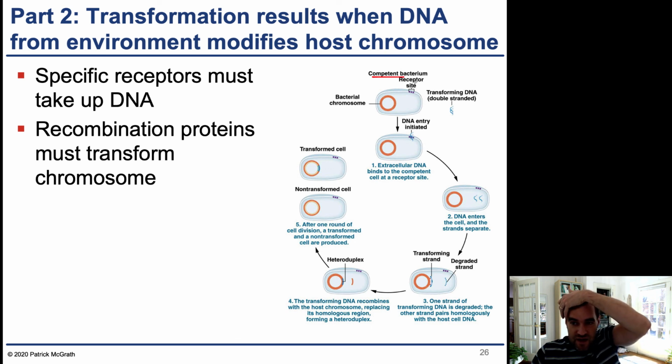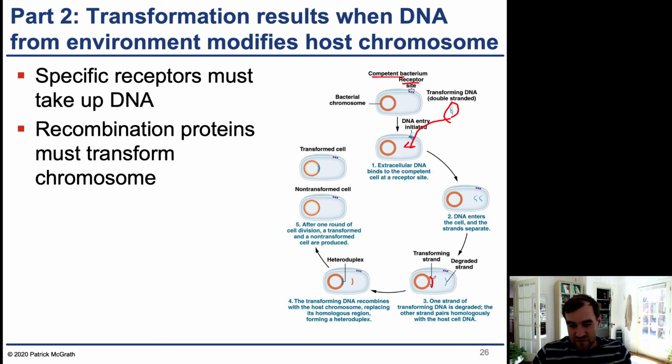The DNA is recognized by receptors, and then this double-stranded DNA in their environment is able to make its way within the cell. The strands segregate, and again, a single strand is degraded, and the other strand can pair homologously. Linear DNA can't replicate within the cell, but it does have the power of recombination.